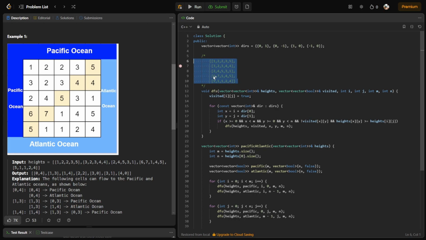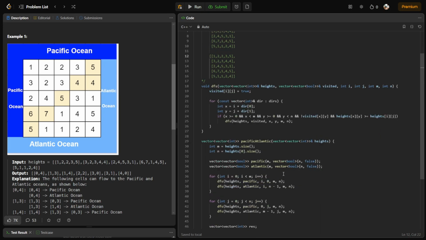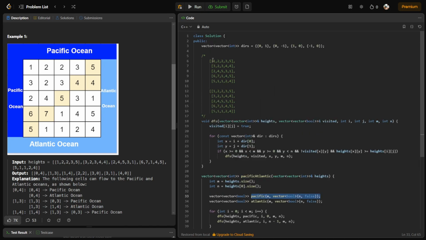Let's say this is the Pacific grid, and this is the Atlantic grid.